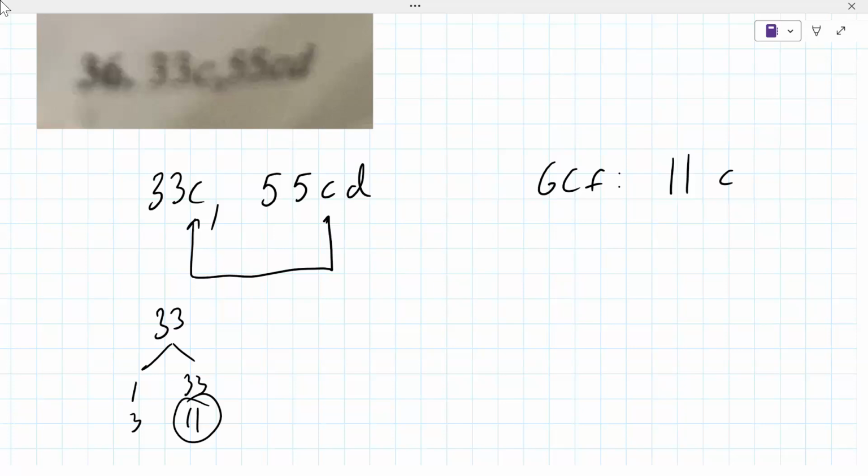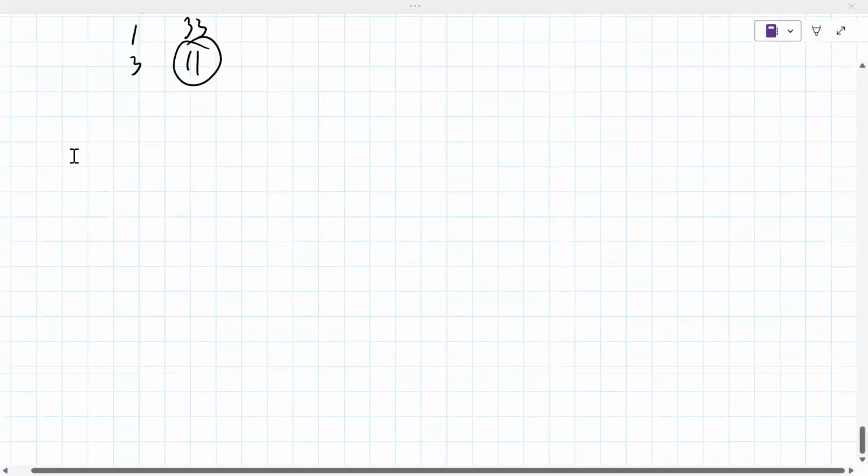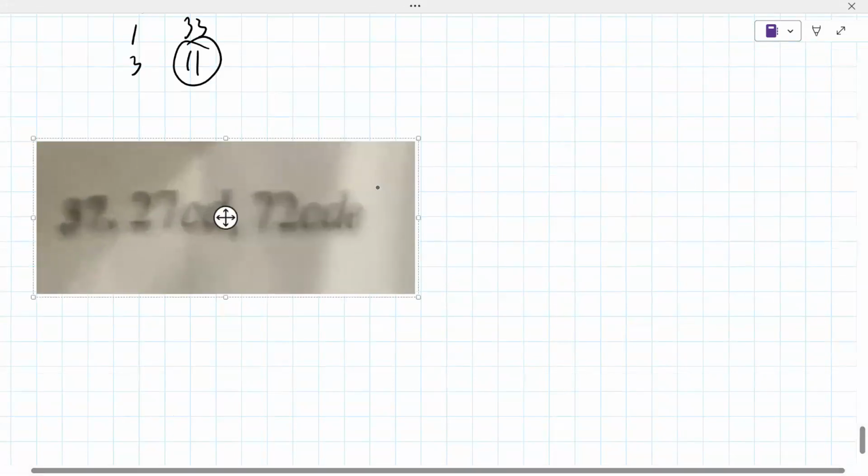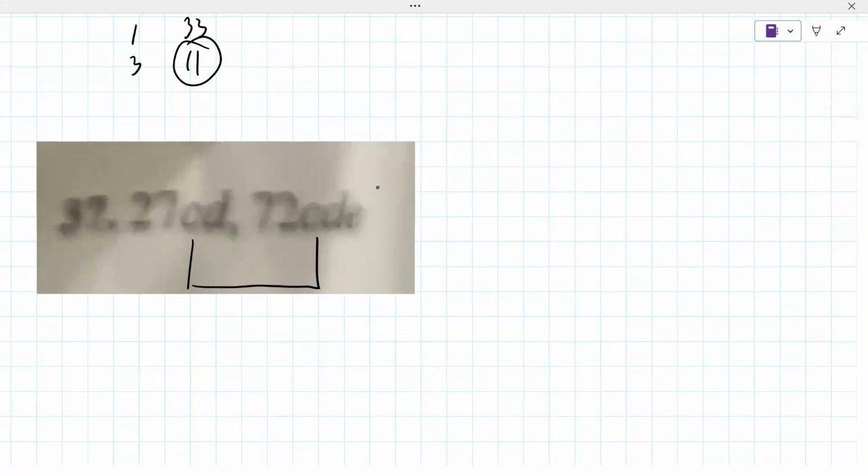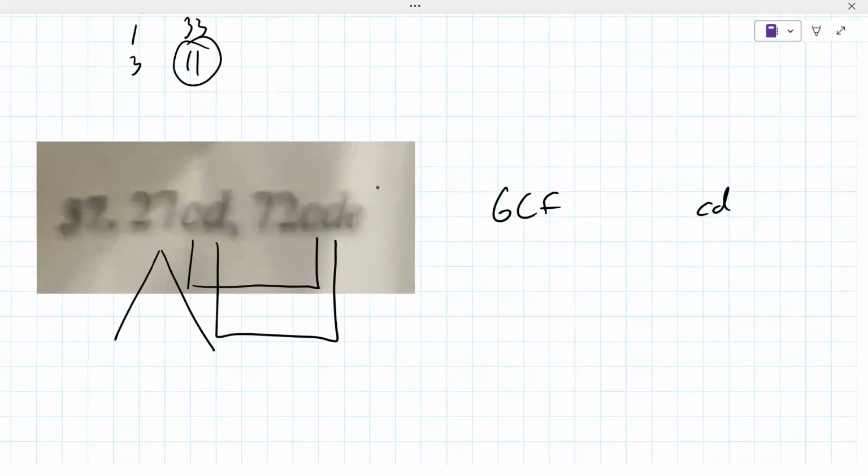Okay. Let's look at 37 now. I think almost looking at the letters is easier. So C, they both have a C in it. They both have a D. So we know the GCF is going to have a C and a D. And then I would look at the numbers that go into 27 and then find the biggest one that also goes into 72.